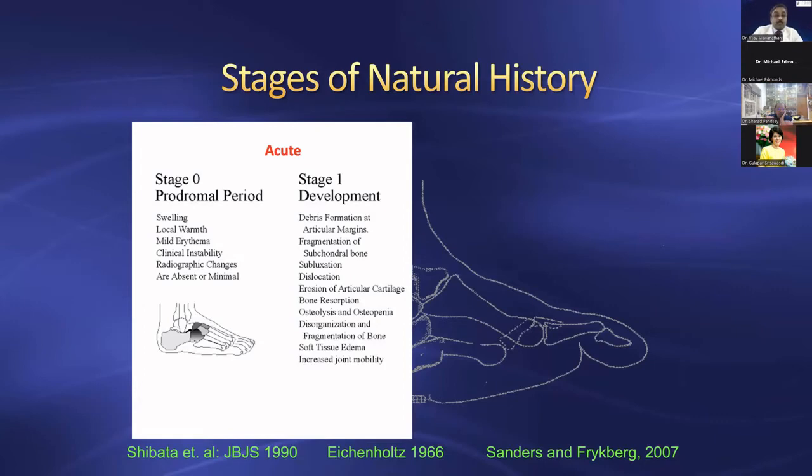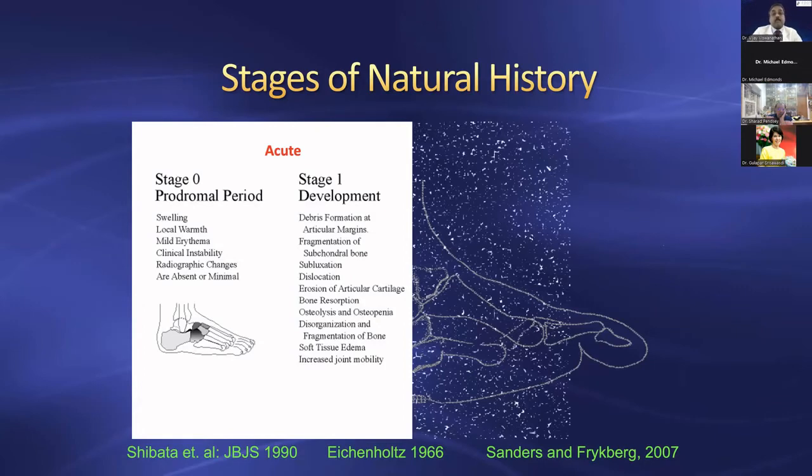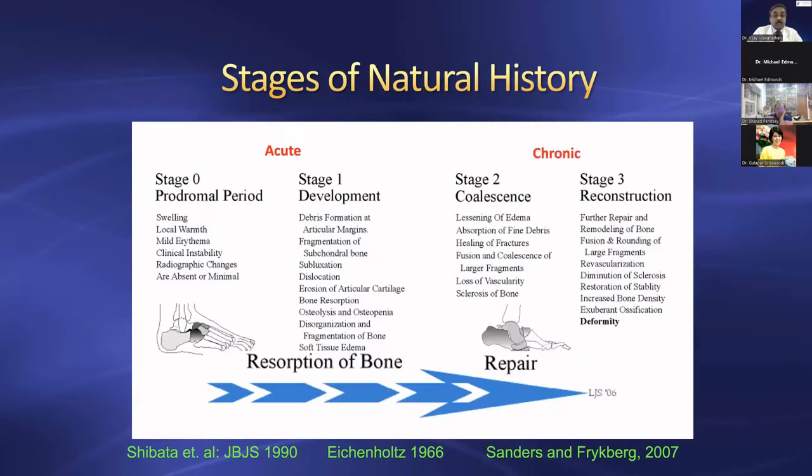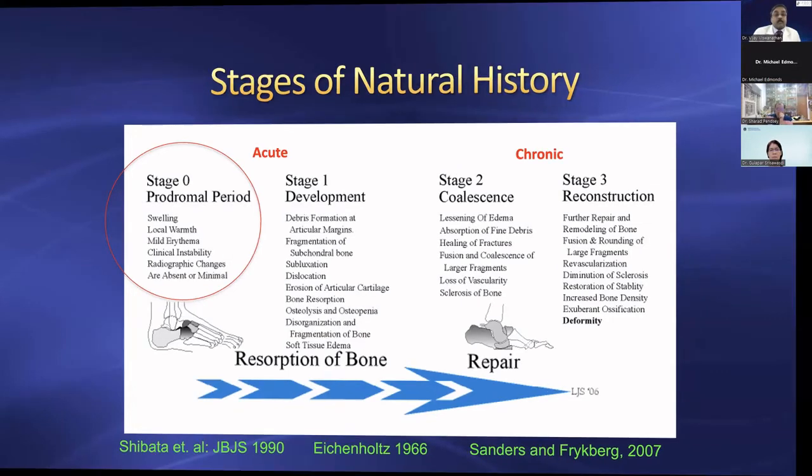These are the classic Eichenholz staging system. Then we have stage 2 coalescence, and of course stage 3 reconstruction, or the chronic phase. Now, there are no great identifiers going from one stage to the other than clinical parameters and perhaps radiographic parameters, but there are many different types of classification schemes that you can use, but these are basically the stages of natural history.